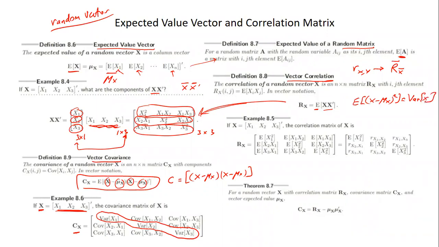Okay, so we use it here and write the vector correlation in this example as this: expectation of x1 squared, expectation of x1 x2, x1 x3, x2 x1. So all the variations of these random variables. This is a 3 by 3 matrix, as we have 3 elements in the random vector.